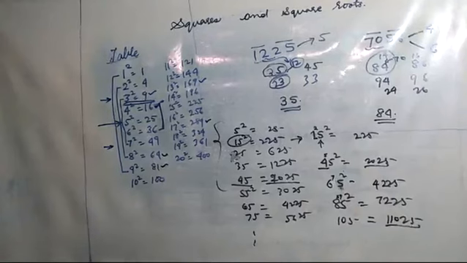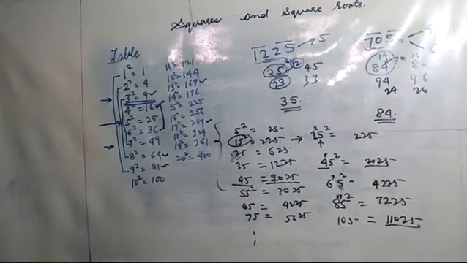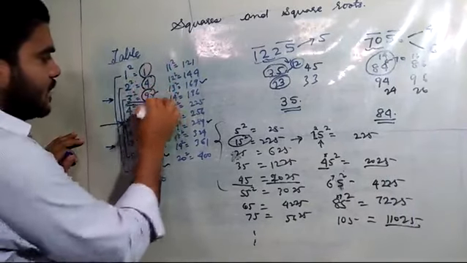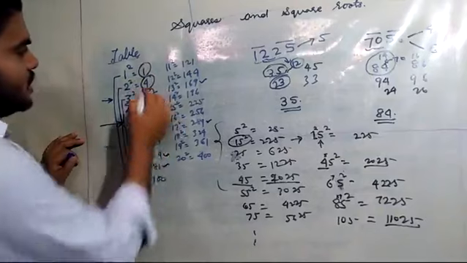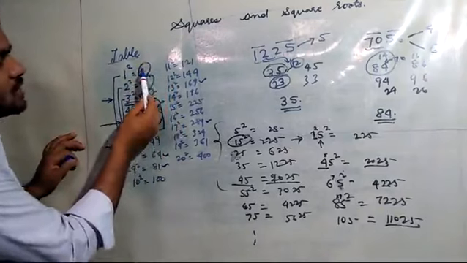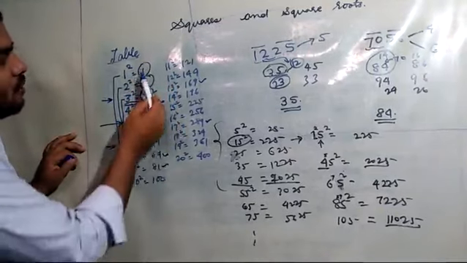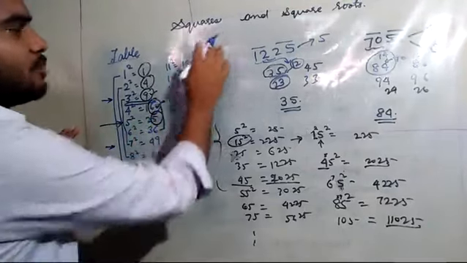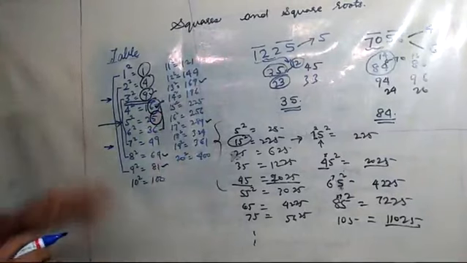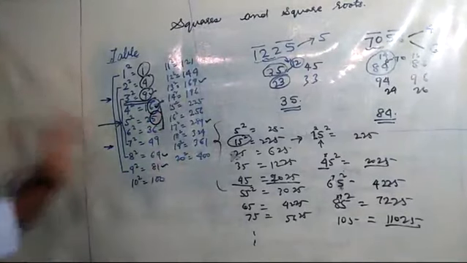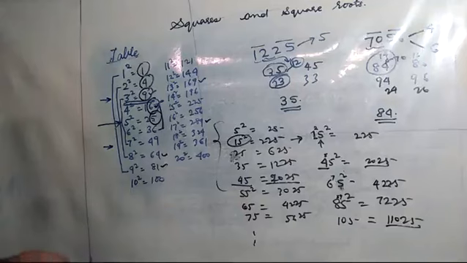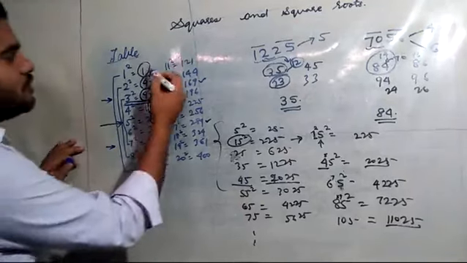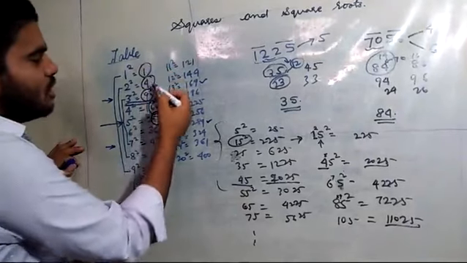Now one more thing, my dear students, when a number ends with either 1, 4, 9, 6 or 5, that is, if the unit place of the given number is 1, 4, 9, 6, 5, then in most cases, if questions come from this chapter, either in school examinations or any competitive examination, they ask you to find the square root. Then you have to see first whether the unit place is 1, 4, 9, 6, 5.